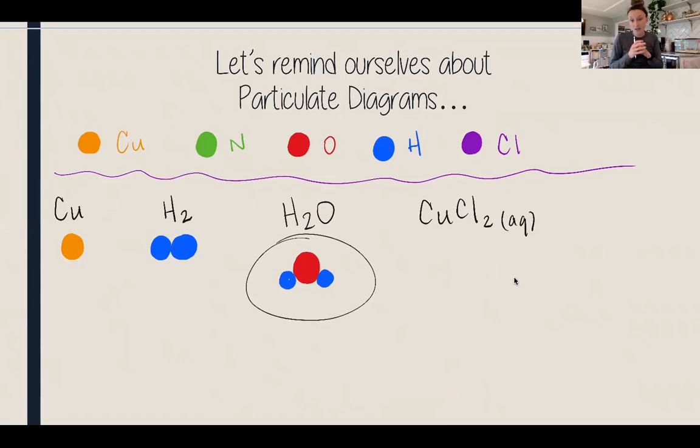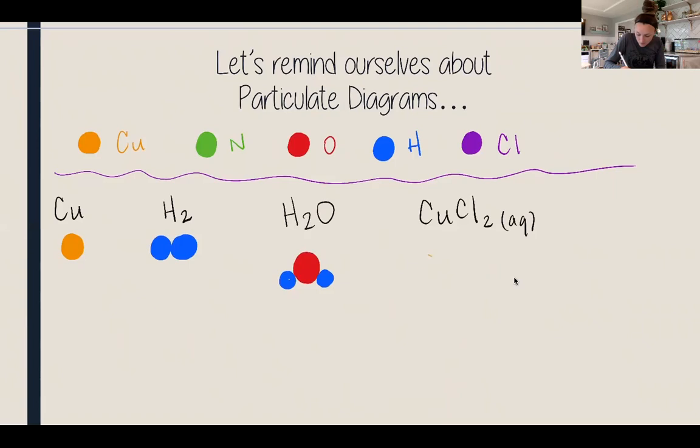They're not sticking together. Remember, each of them individually are surrounded by those water molecules. They're dissolved and they've broken up into copper ions and chloride ions. That's what it means to be aqueous. So when I draw my copper 2 chloride, I'm not going to draw it as one molecule. I'm going to draw it as dissociated ions.